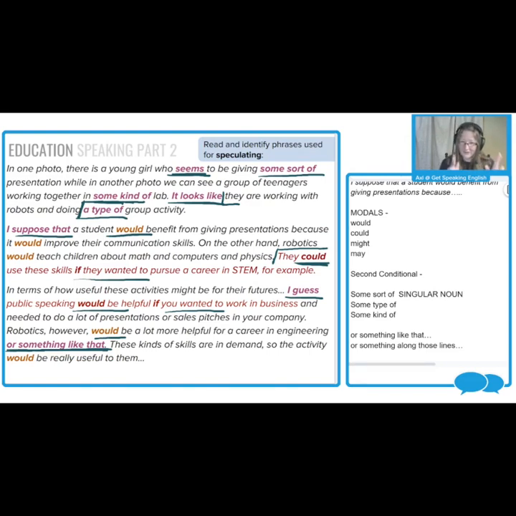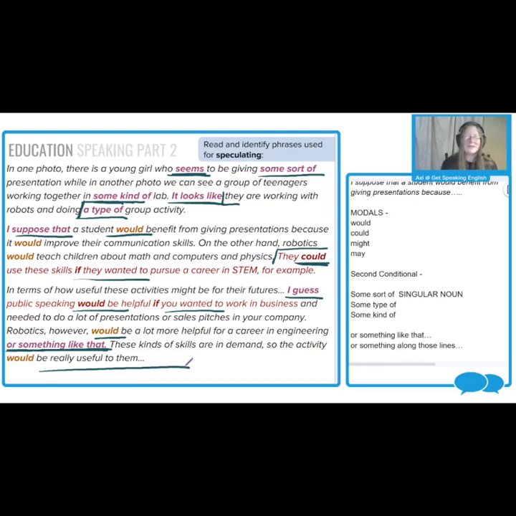And also another little tip as well, because it could be that you finish doing the task before the minute is up, right? And if that happens, just keep comparing and contrasting the photos until the examiner tells you to stop, right?